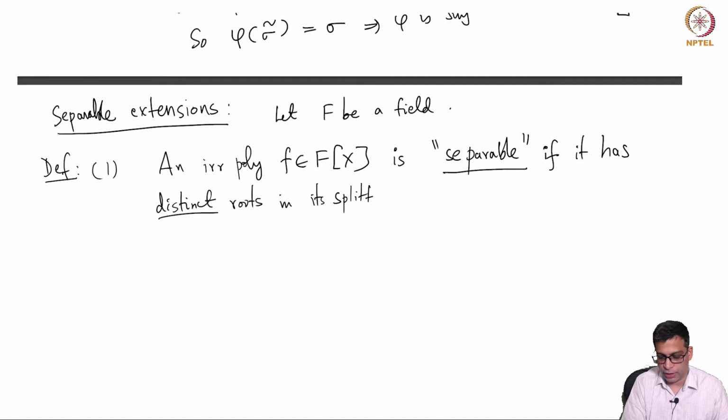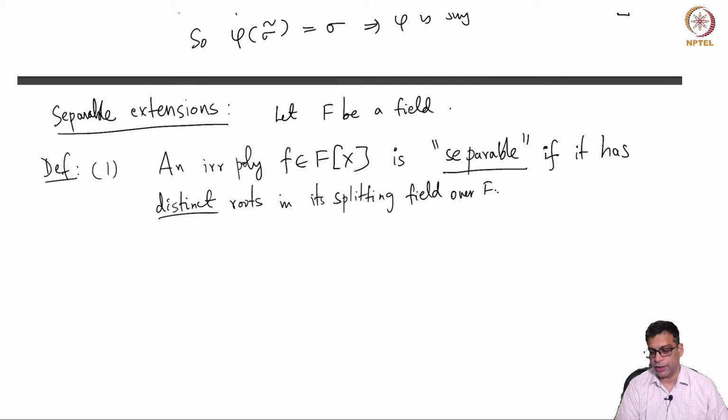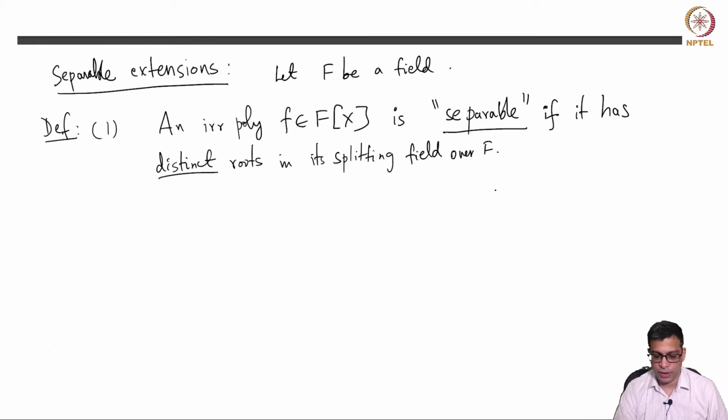So remember that this may not have roots in the given field itself, but wherever it has roots, we know that it has a splitting field, so we might as well consider that. It is called separable if it has distinct roots in its splitting field.